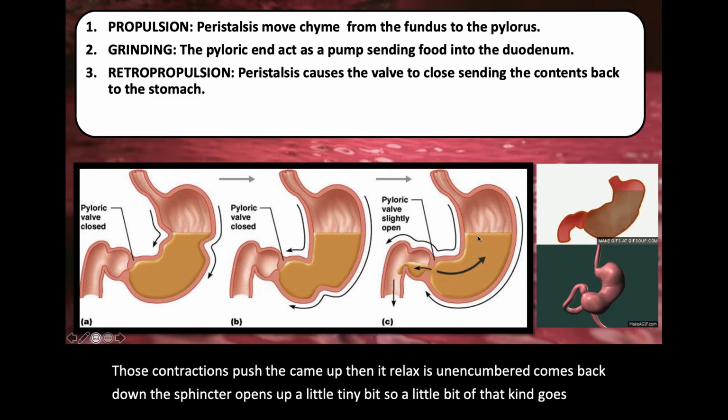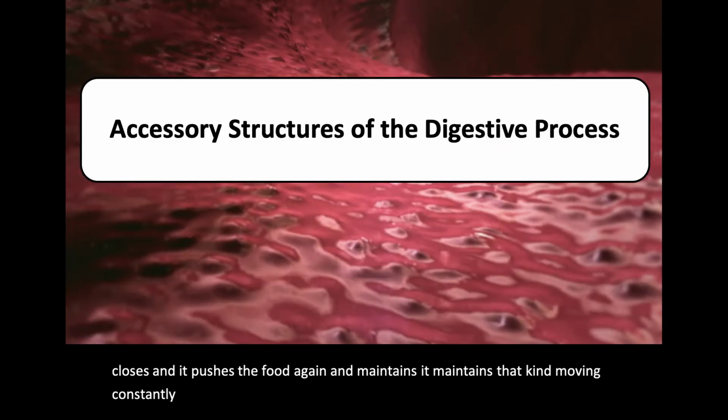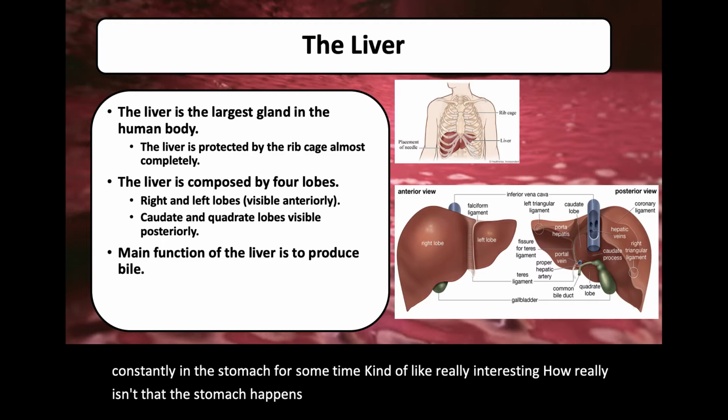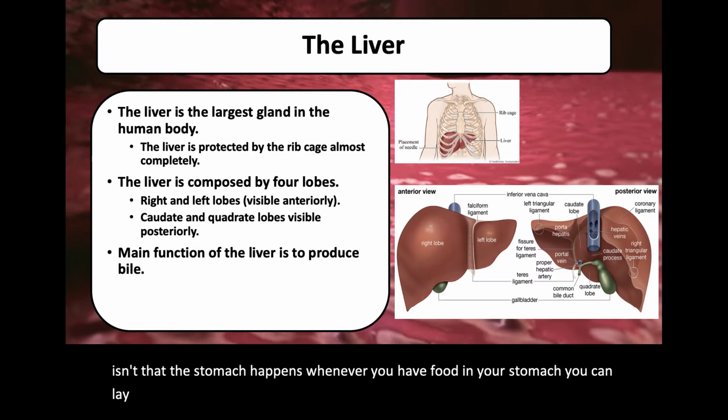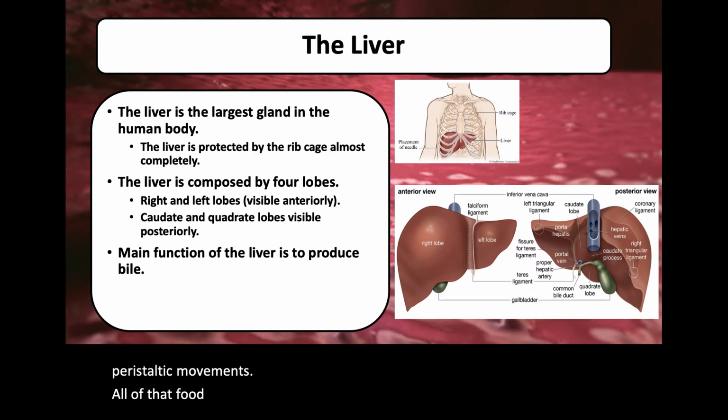It closes and pushes the food again, and it keeps the chyme moving constantly in the stomach for some time. It's really interesting how the stomach works. And whenever you have food in your stomach, you can lie down, put your arms on your stomach, and feel the peristaltic movements of that food inside of it.